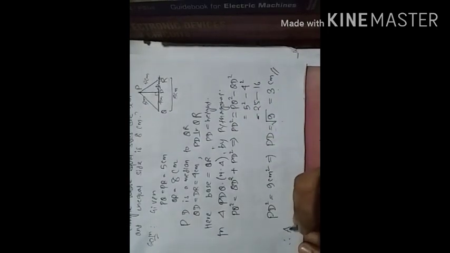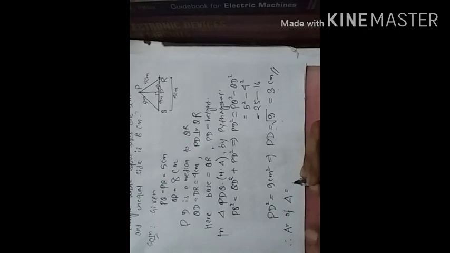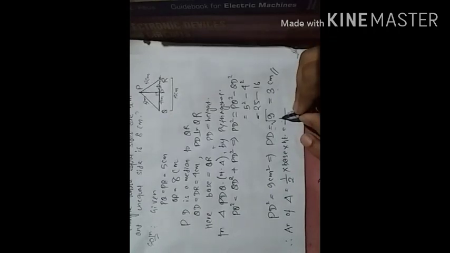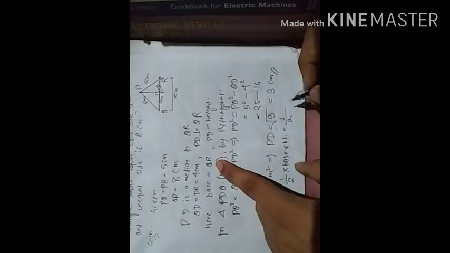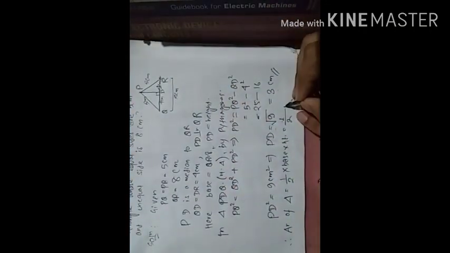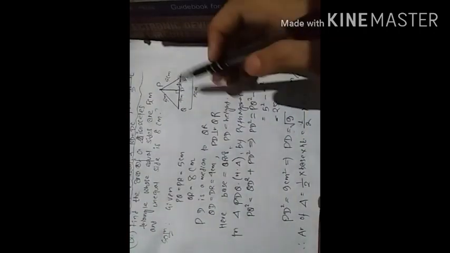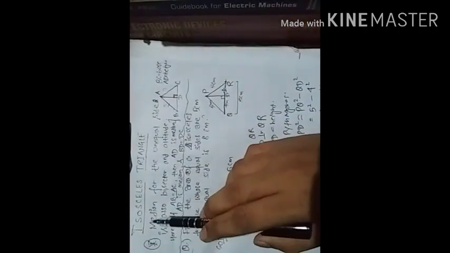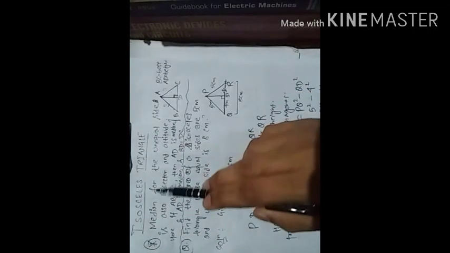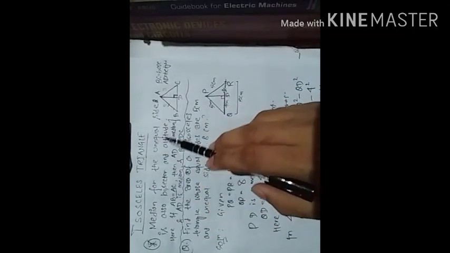So what is the area of the triangle? Area of triangle is equal to half into base into height. Here the base is QR, which is 8 centimeter. What is the height? We know in an isosceles triangle, the median to the unequal side is the altitude, and the other name of altitude is height.